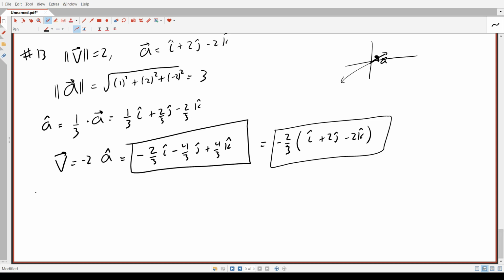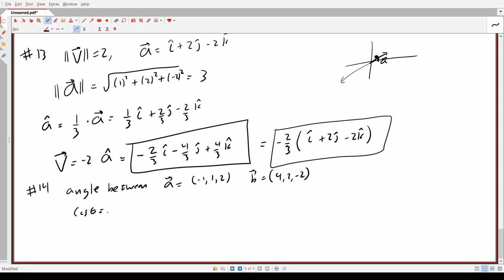Okay, a quick one. It says the angle, so number 14, between A, which is -1, 1, 2, and B, which is 4, 2, -2. So again, we use the same formula.